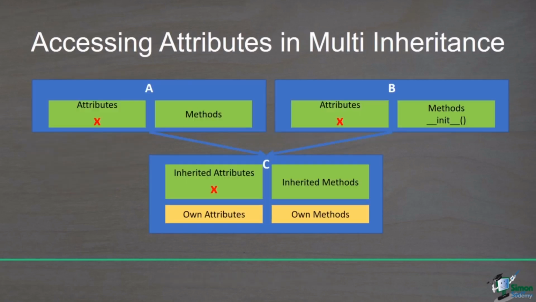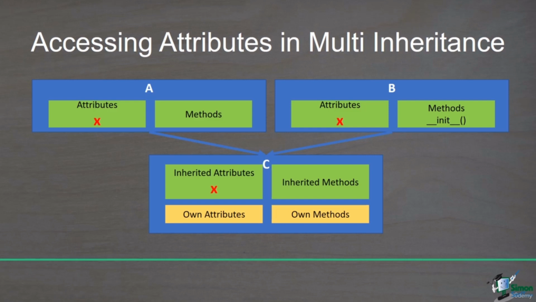In the last video, you saw how Python calls the method for a class that is inherited from multiple classes. In this video, I want to talk about the same process but about accessing attributes. For example, suppose we have three classes, A, B, and C inherits from A and B. As you see, the X attribute is defined in both A and B class, so it is inherited by C as well.